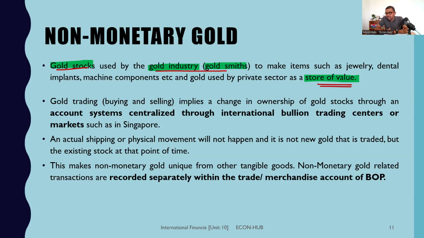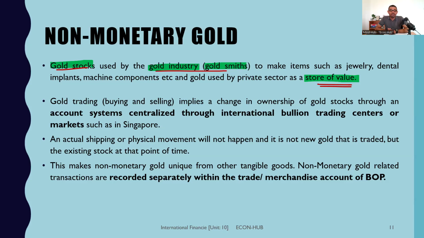So central banks maintain gold reserves. Gold maintained by the central bank of a country as a reserve asset is called monetary gold. Then we are talking now about non-monetary gold.